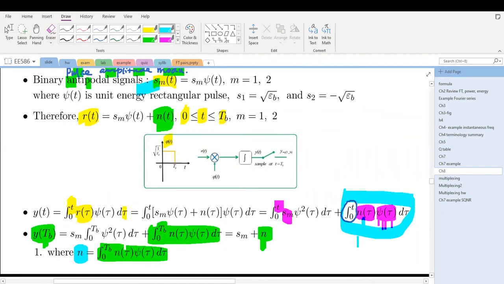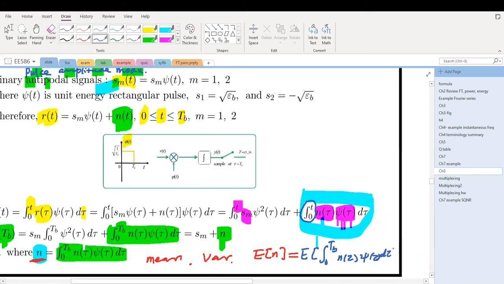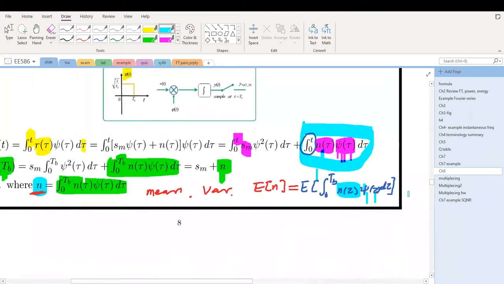If it is a Gaussian random variable, we only need to obtain the mean and the variance. The mean of n is the expectation of this integral from 0 to Tb of n(tau) psi(tau) d tau. n(tau) is random. In psi(tau), everything is constant.